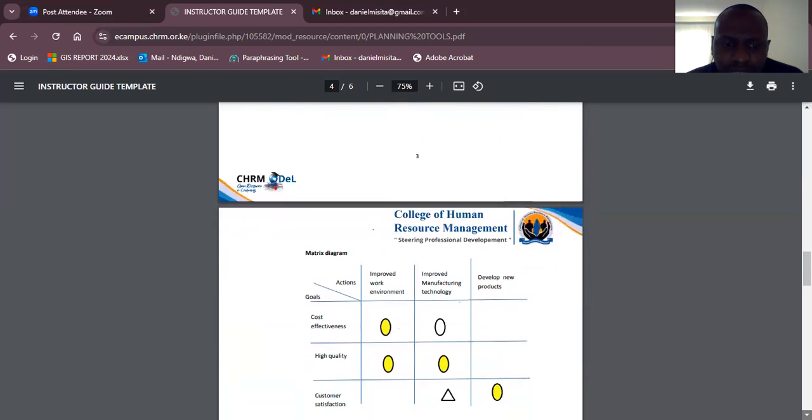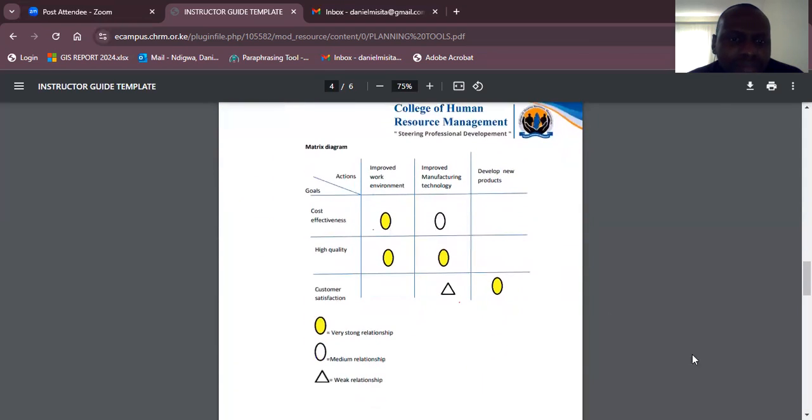Then we have what is called the matrix diagram. Matrix diagram is very common, particularly when you are doing projects, where we have the matrix structure of management or a chain of command. So basically here we have two activities, where we have actions to take, and you also have the goals that you want to achieve.